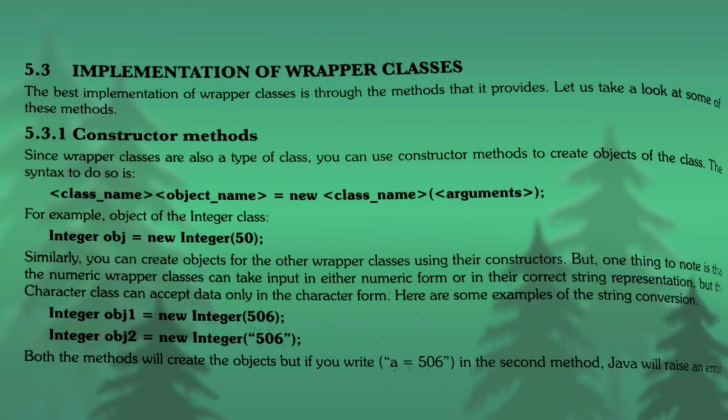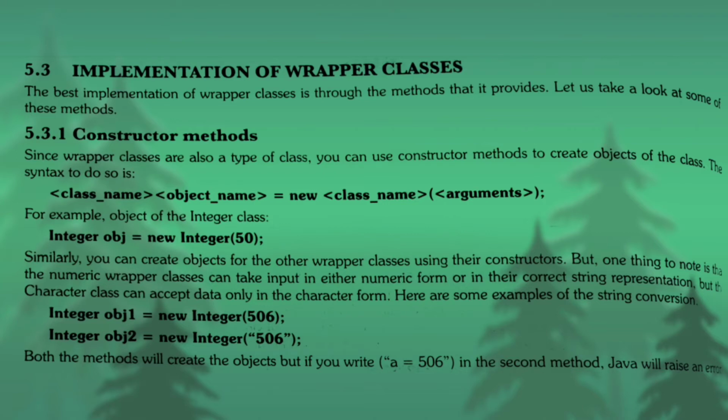The syntax for creating an object of a wrapper class is given here. Firstly you need the class name followed by the object name, then the assignment operator, then the new keyword, and then again the class name, and within the parentheses we have arguments. The last part after the new keyword is called the constructor.